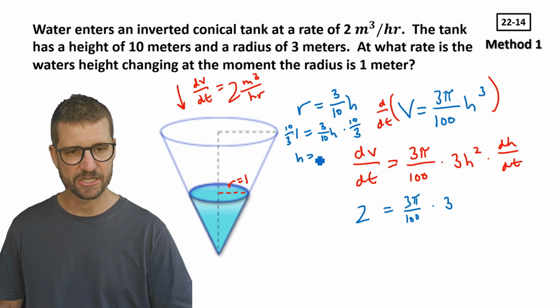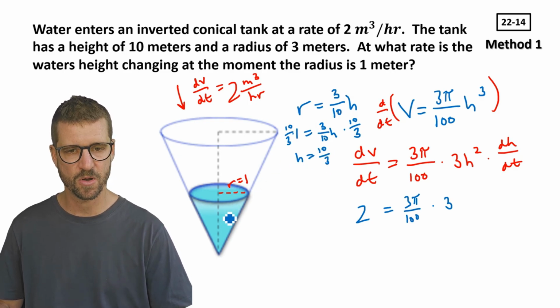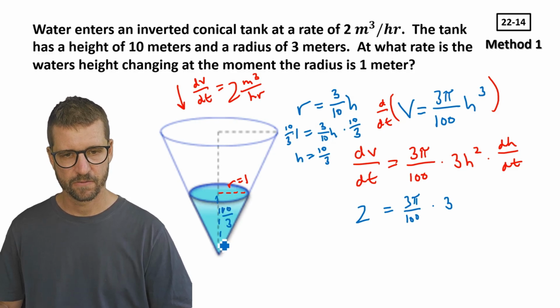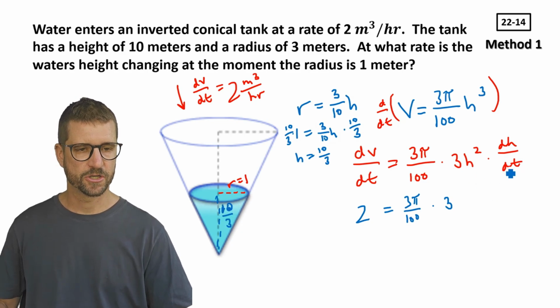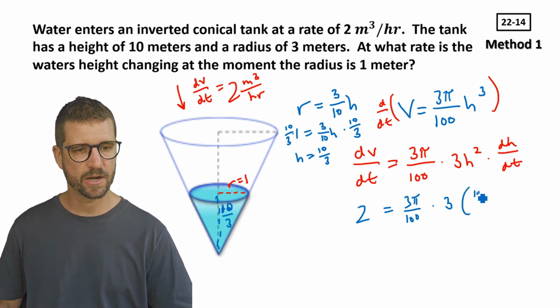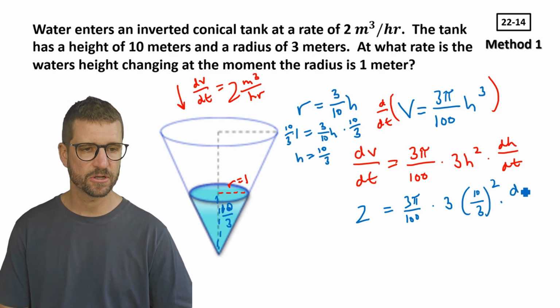So that means h equals 10/3. So at the instant when r equals 1, that h is 10/3 for that, okay? All right, so we're gonna plug in 10/3, square it, times dh/dt, that's what we're looking for.